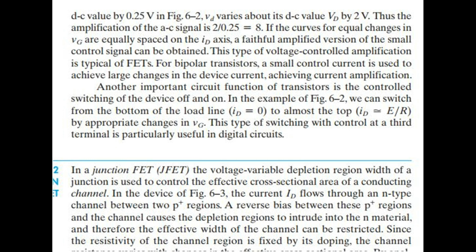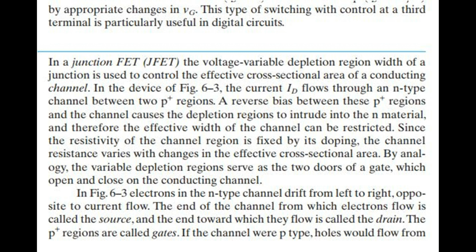Since the resistivity of the channel region is fixed by its doping, the channel resistance varies with changes in the effective cross-sectional area. By analogy, the variable depletion regions serve as the two doors of a gate, which open and close on the conducting channel.